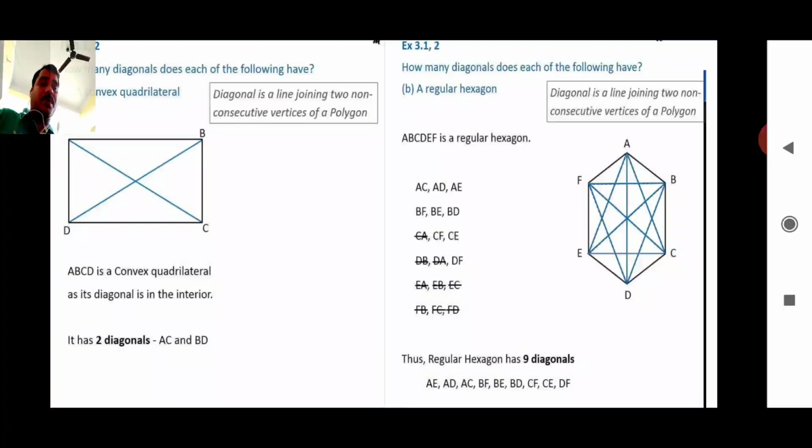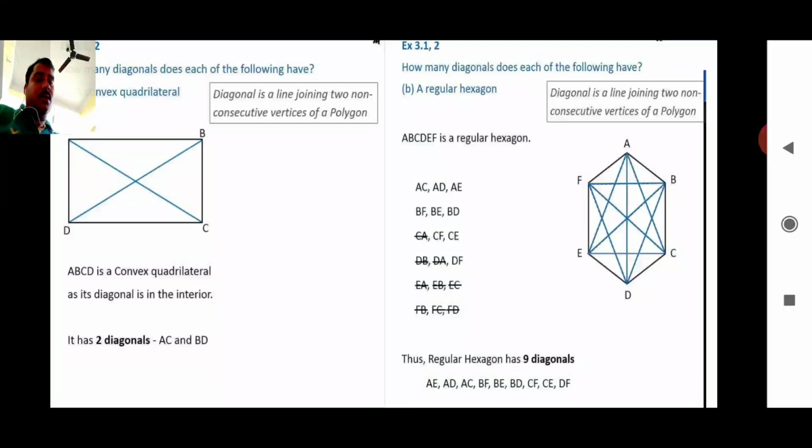You can also say that you join alternate points, or you join two non-consecutive vertices. If we start from A, then join A to C, A to D, A to E. Okay, why do you not join A to F? Because A to F is a side.